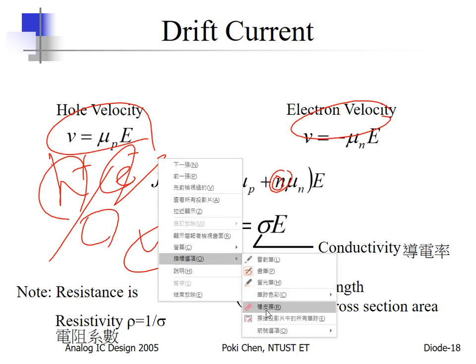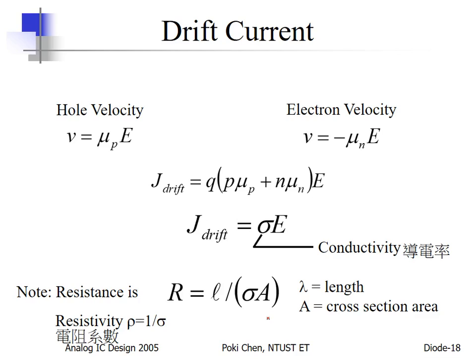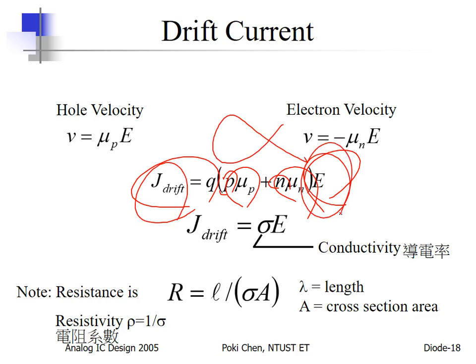So you can see, for a resistor, what is the concentration of your holes and electrons? Under the same condition, for example, at room temperature, the density is fixed and the mobility is fixed already, right? And when you apply a fixed electrical field, the drift current will be fixed. But anyway, the drift current is proportional to the electrical field.